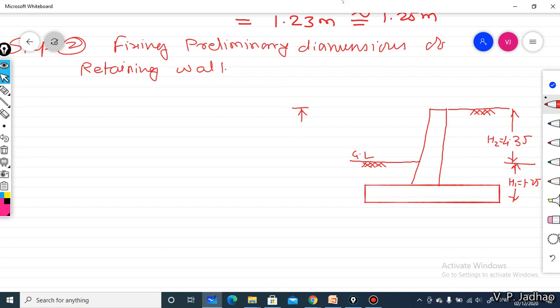So we get total height H equal to 4.75 meter. Based on these dimensions we have to fix the dimensions of the stem and base slab. So we'll fix them one by one.